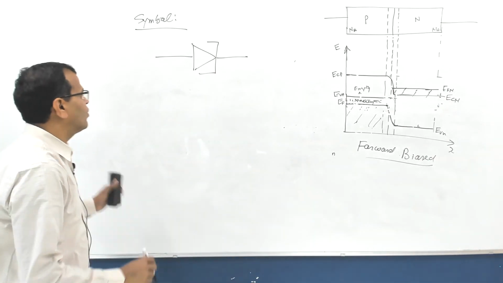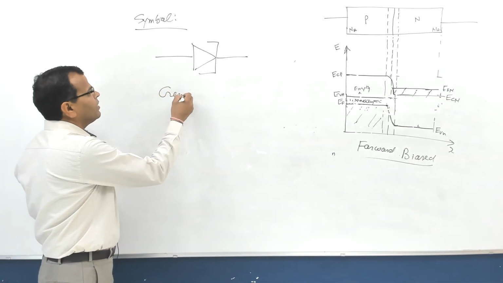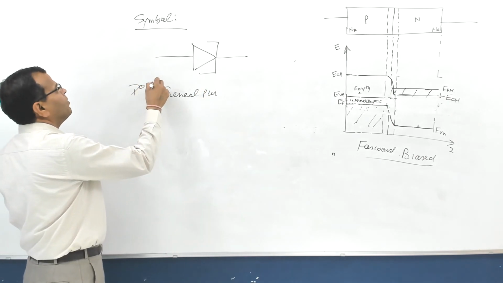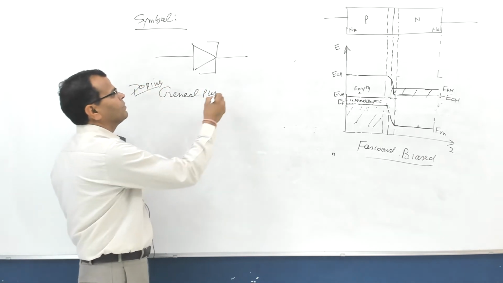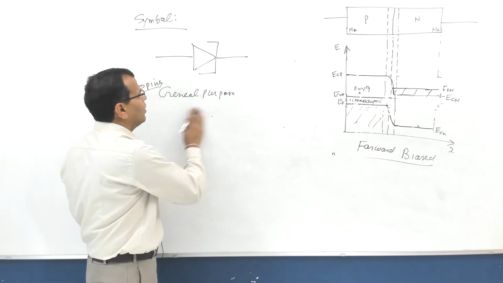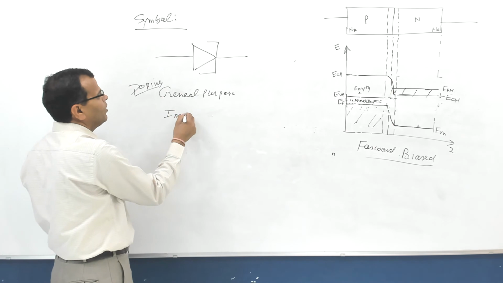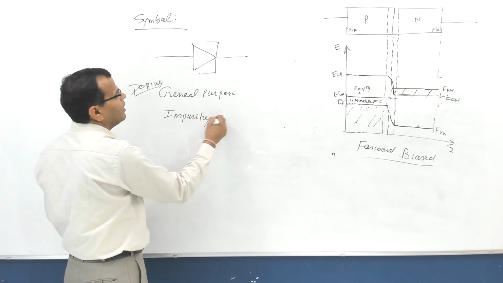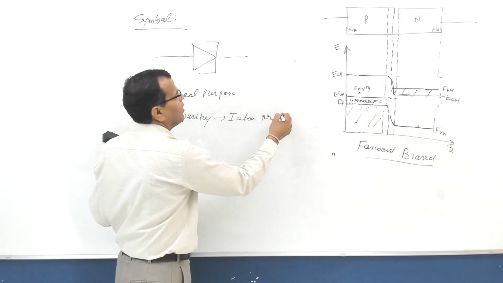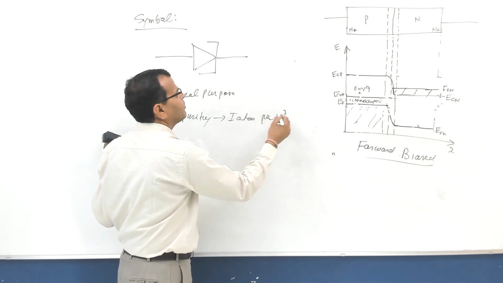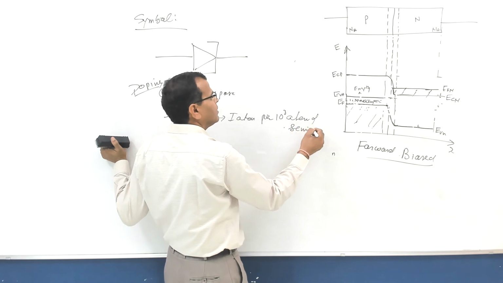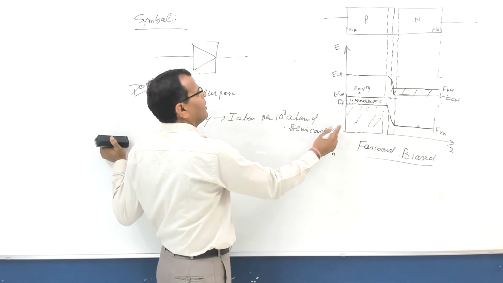And if you talk about doping, there can be a question on doping level in engineering services prelims. In the case of a general purpose diode, the impurity is 1 atom per 10 raised to power 8 atoms of semiconductor. That is the doping level.